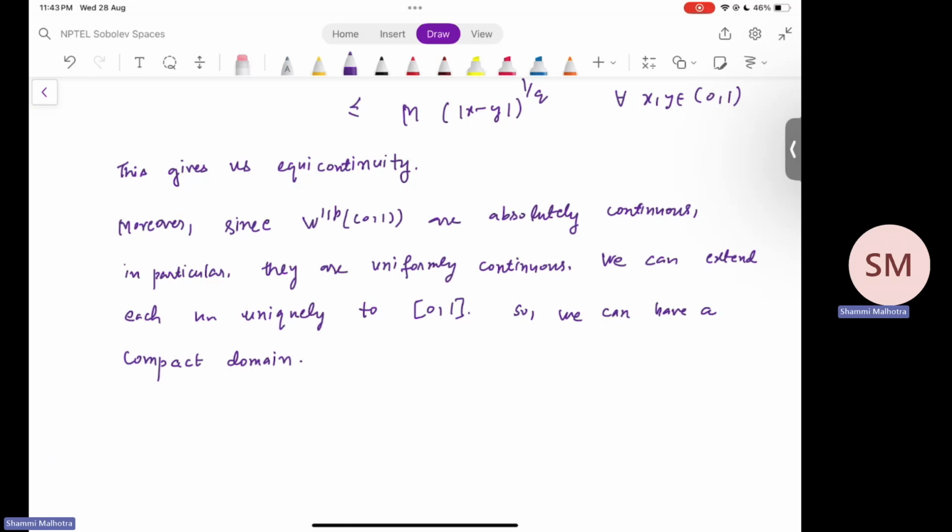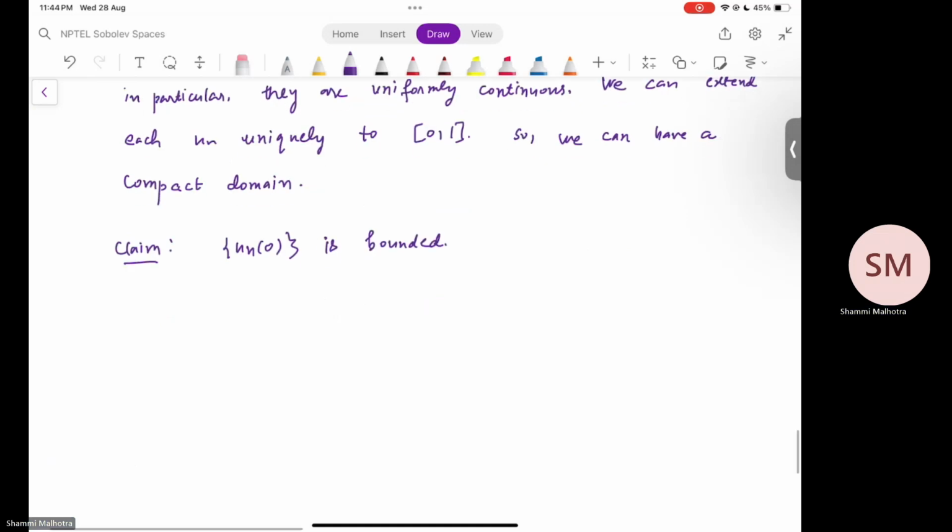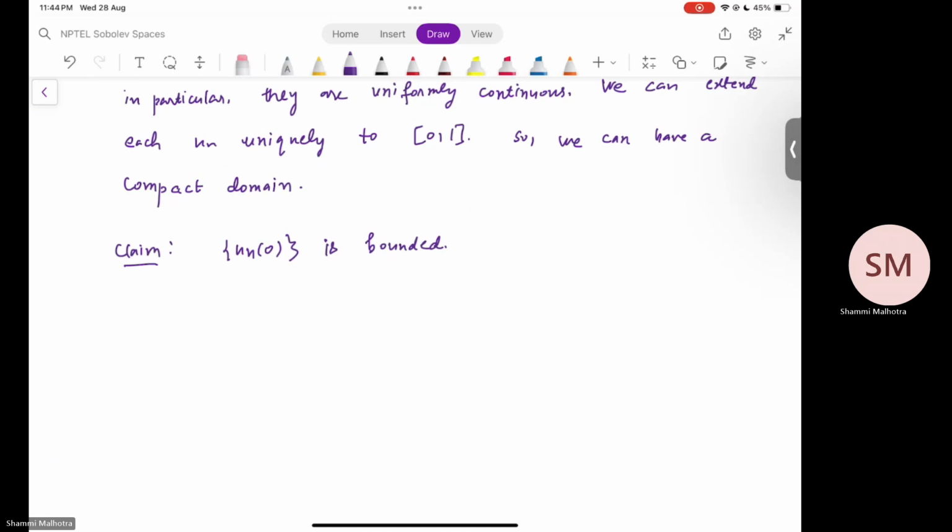To show that they are uniformly bounded, we first have to prove one thing. Next we claim that this u_n(0), the sequence I'm getting, is actually bounded.